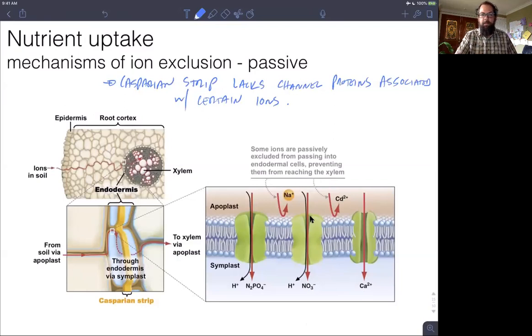We want to limit the amount of sodium, and we want to limit the toxic heavy metals. So these don't have channel proteins and are excluded from entering the xylem and being spread throughout the plant. So that's one way where they'll never enter the symplast, through this passive exclusion by having a lack of channel proteins associated with these ions.